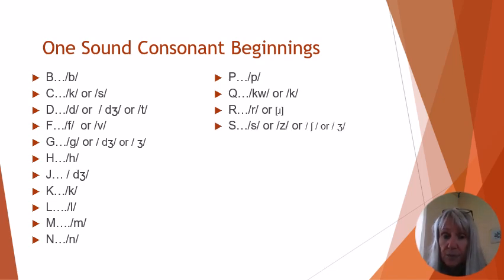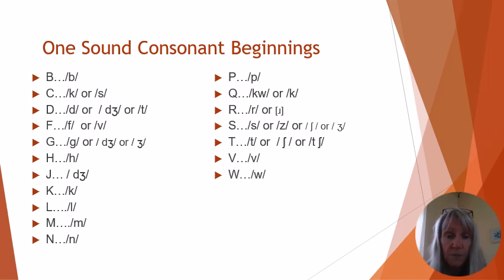S at the beginning of the word will make the S sound. T at the beginning of a word will make the T sound. Those other sounds are for when that T is found within a word or at the end of a word. The V in front of a word will make a V sound if it's the beginning consonant. If W is your beginning consonant, it will make the W sound.